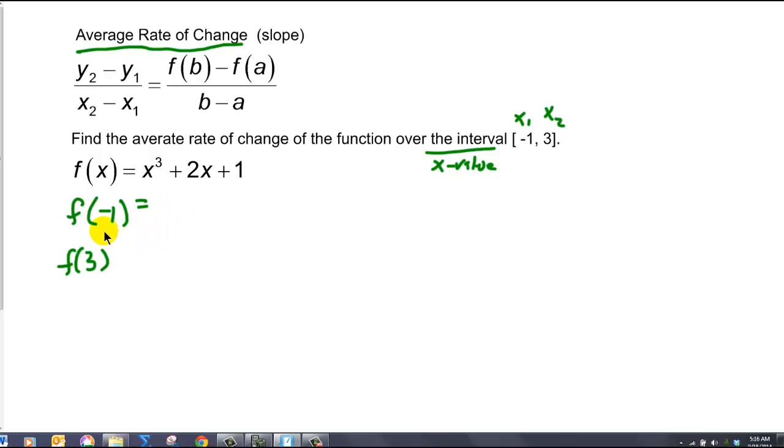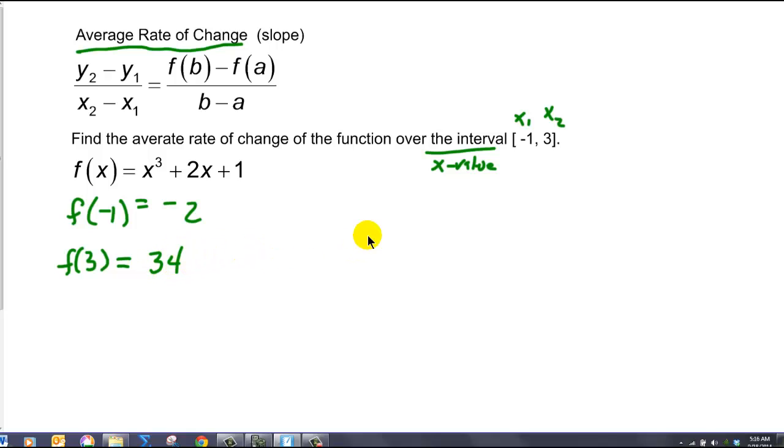F of -1 is going to get me a -1 here, followed by a -2, which is -3, and add that, I get a -2. F of 3 gets me a 27, and a 6, which is 33, and a 1, which is 34.